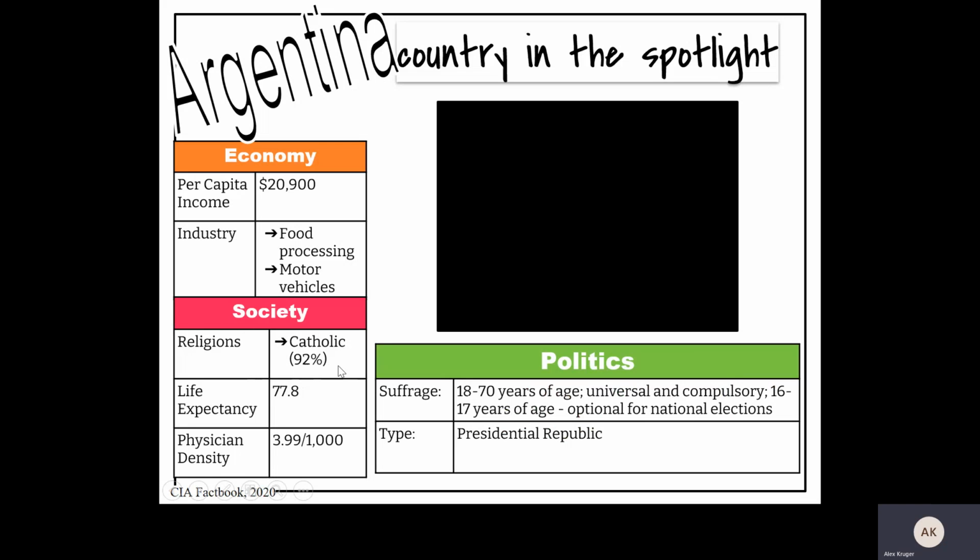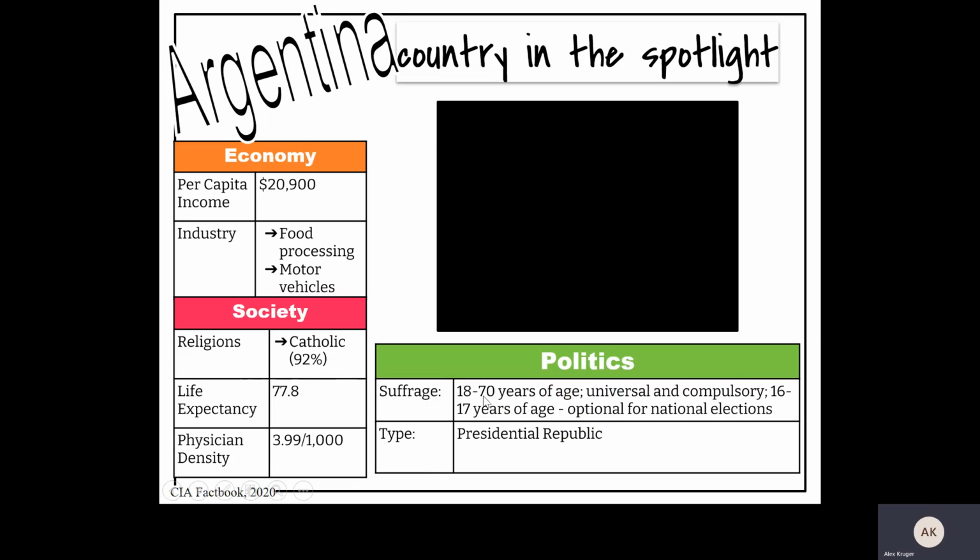Catholics, 92%, so very religious country, very Catholic. 77.8 is their life expectancy, so about a full year lower than Cuba. They've got fewer doctors for sure than Cuba, 4.99 per 1,000, so about half.